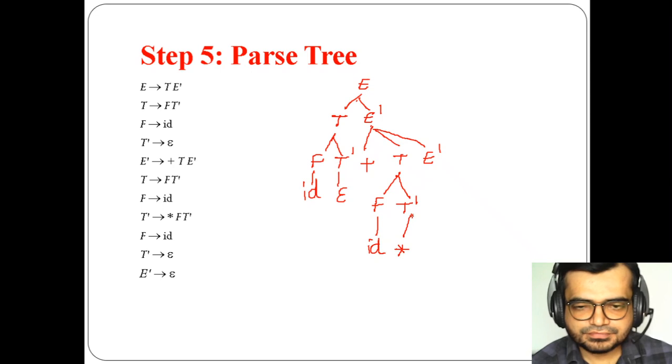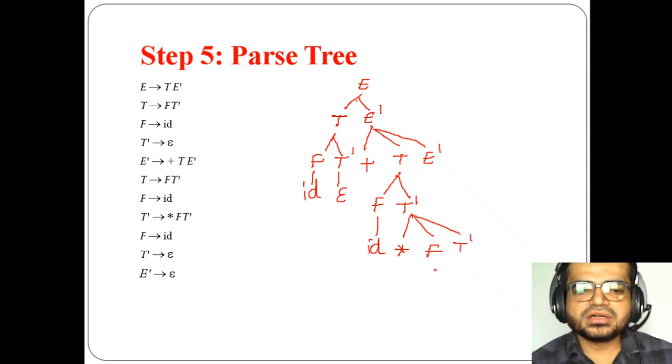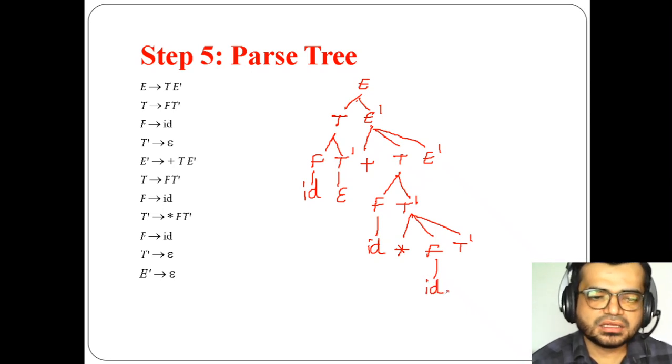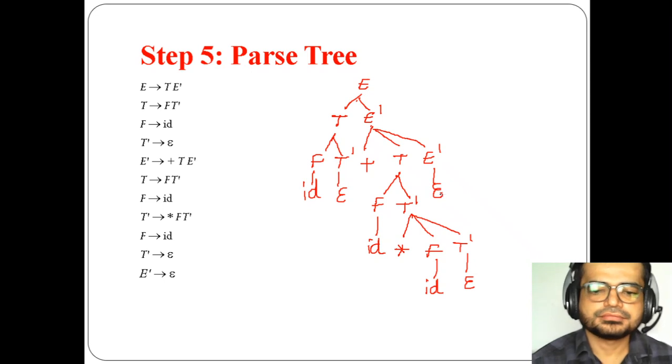Asterisk F and T'. Now what is F? F means id, and T' means epsilon, and E' means again epsilon.